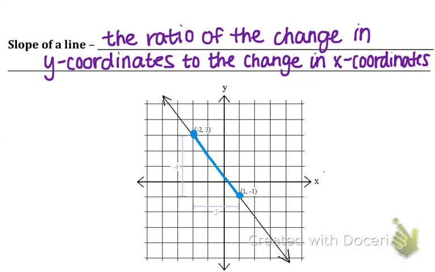Our slope is how the y's are changing compared to how the x's are changing. So notice that our y's are going down by 4 compared to the x's going to the right, positive 3. So that means that our slope for this line, writing them as a ratio, aka a fraction, is -4 over positive 3.